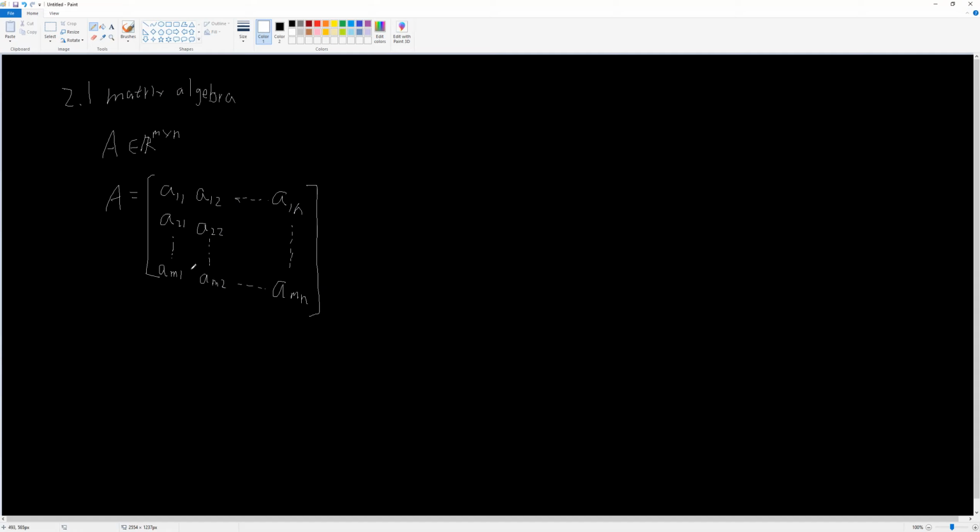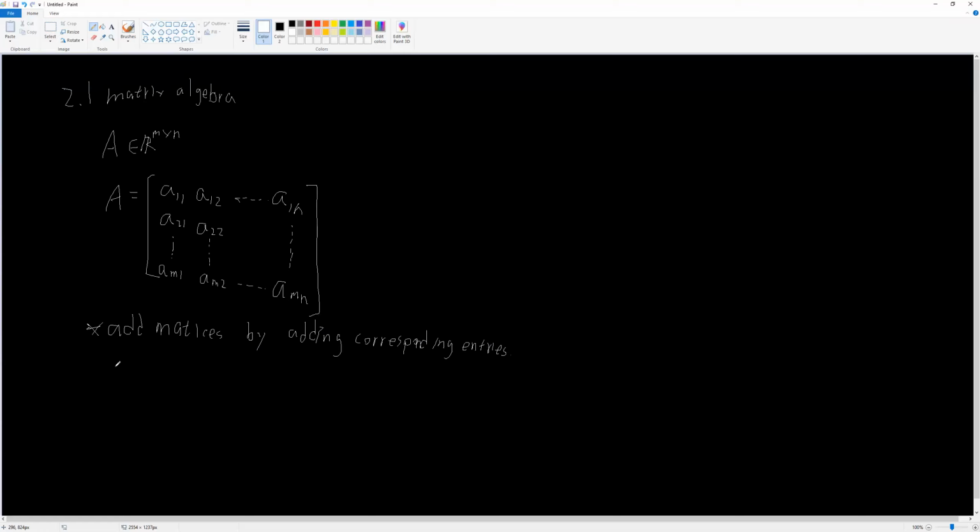Okay. Now, 2.1 is matrix operations. We're going to look at how we can add matrices together. So adding matrices is very easy, right? You just add. To add matrices, add their corresponding entries.